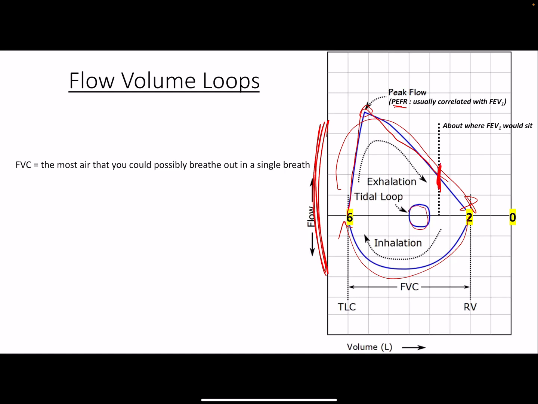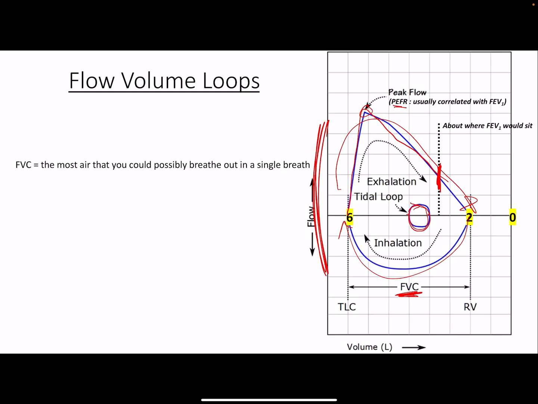If you're looking at something like this, that will be a tidal loop. So this is just maybe from like 3.5 liters to 3 liters to 3.5 liters to 3 liters. And then inhalation is probably less significant, less focused. So again, like I said, this is after taking the largest possible breath you can, and at the same time, outputting the largest exhalation you can, which means that the difference between these two points on our curve is the forced vital capacity, also known as the vital capacity.